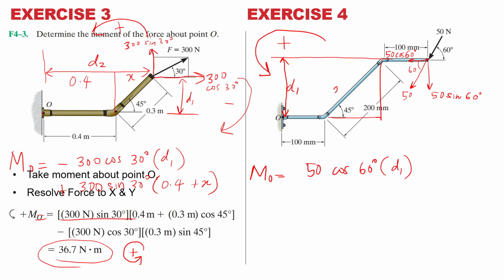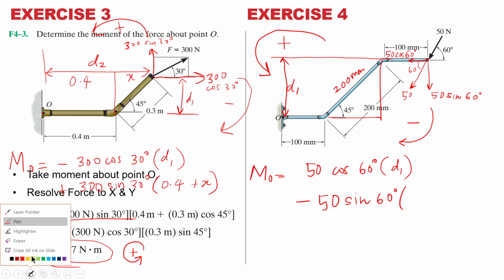This distance is 200 mm. Use this distance. Positive, right? So it's a positive. Next, 50 sine 60. 50 sine 60 rotates like that. Clockwise. Negative. So this one is a negative 50 sine 60. Remember, distance.